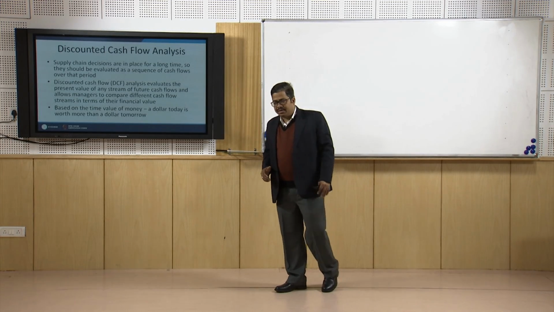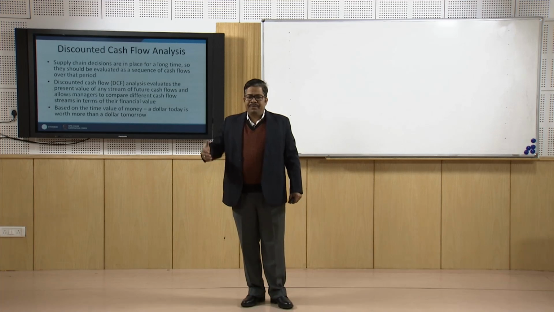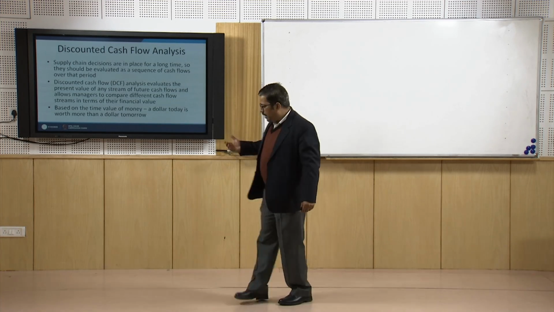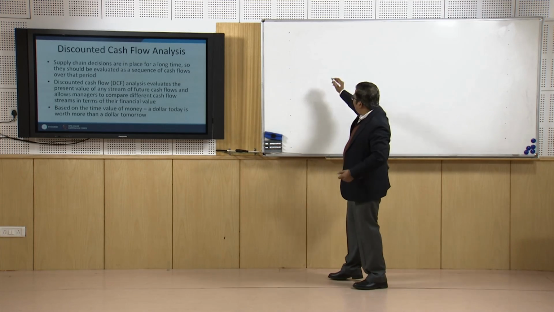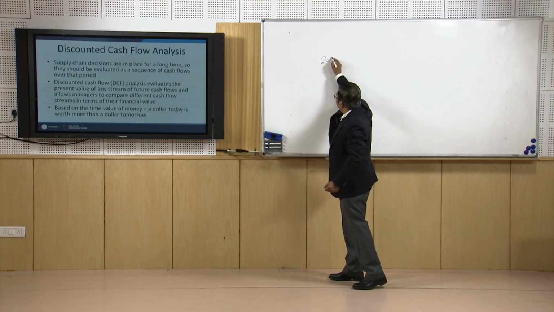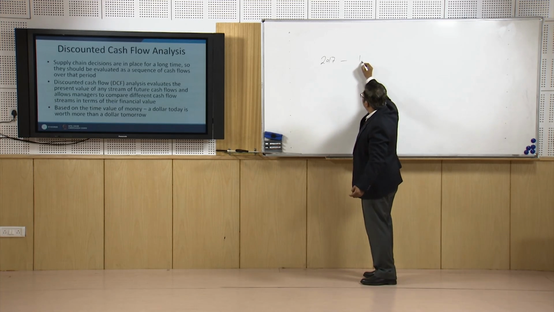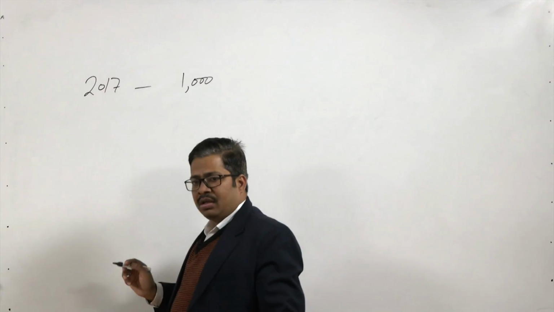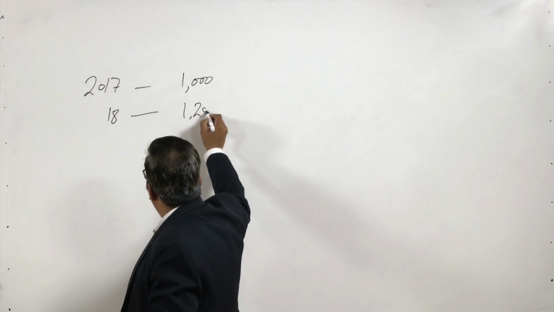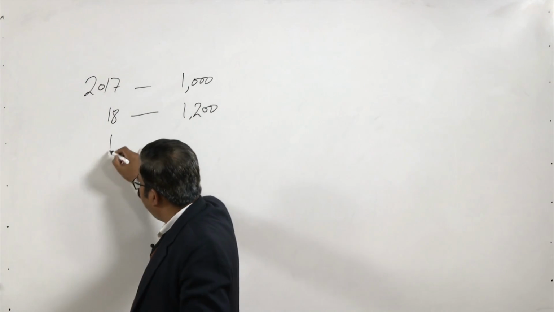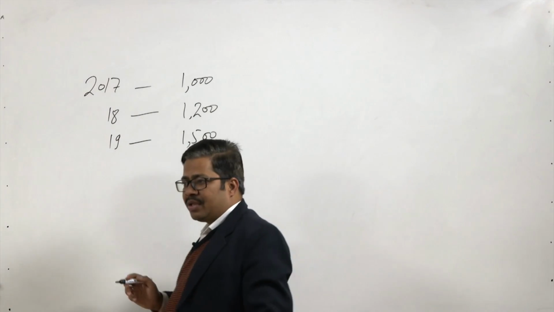The point is that when we are getting future cash flows, today it is 2017, and in 2017 I am getting some cash flow, let us say 1000 rupees. In 2018 I may get 1200 rupees. In 2019 I may get 1500 rupees.